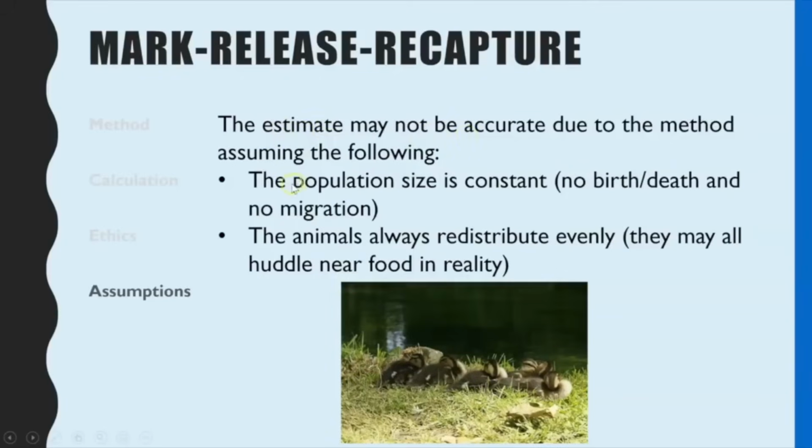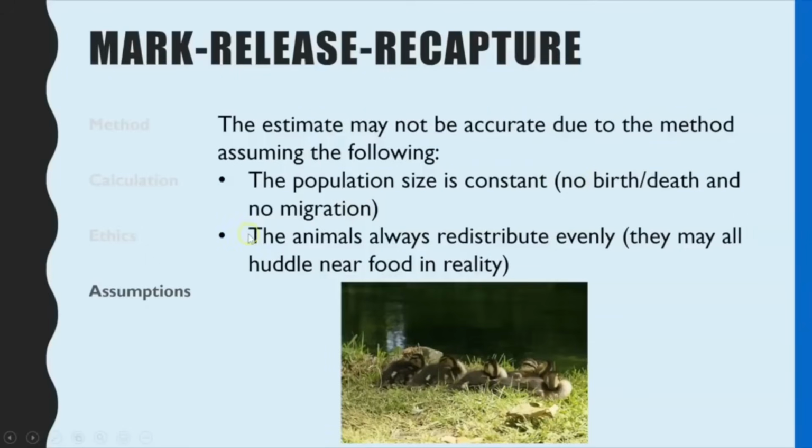And that is because of these two key ideas. When you're doing the mark, release, recapture method and you are performing that calculation, there is the assumption that the population size is constant. And for it to be constant, that means there has to be no new births, no deaths, and no migration of any kind. And realistically, that is not happening in any population.